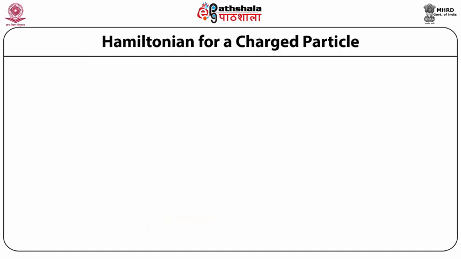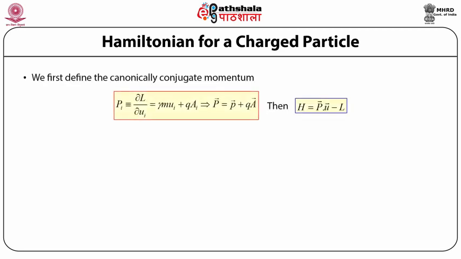We next give a Hamiltonian description of the system. We first define the canonical momentum P conjugate to the position coordinate of the particle x by P_i equals del L by del u_i equals gamma m u_i plus q A_i, or P equals p plus qA, where p equals gamma m u is the ordinary kinetic momentum of the particle.